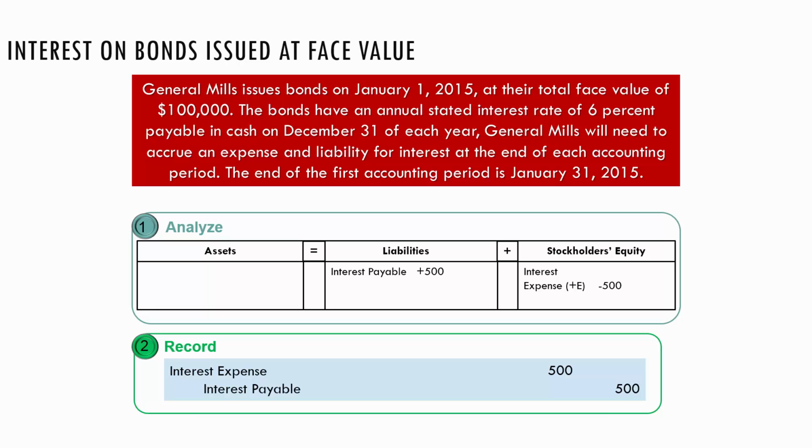Interest expense, interest payable. Now I'm going a little fast through this because I know you have just seen this. You saw this on the note payable, where we had to calculate 2 months. In this we're just calculating 1 month and recording it, but it's the same concept.